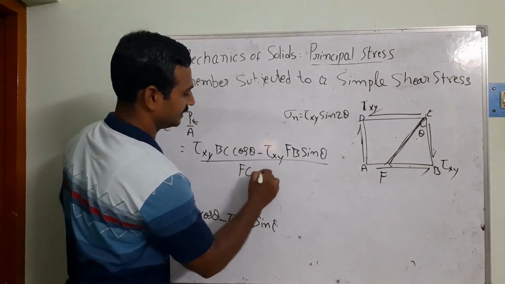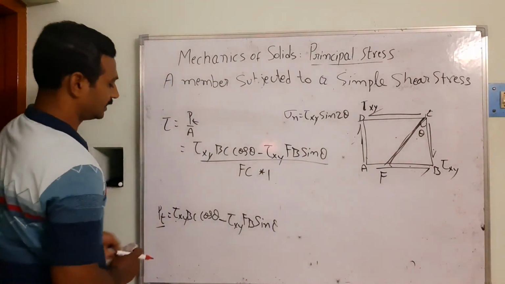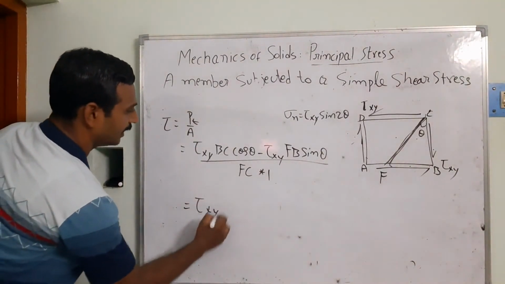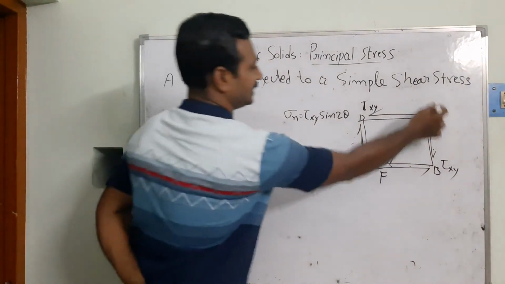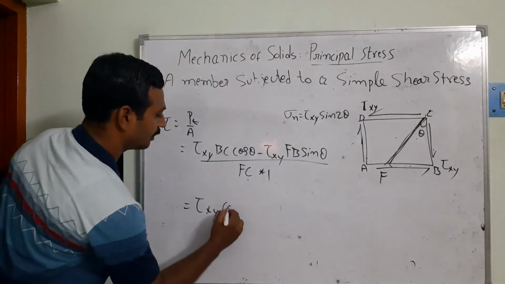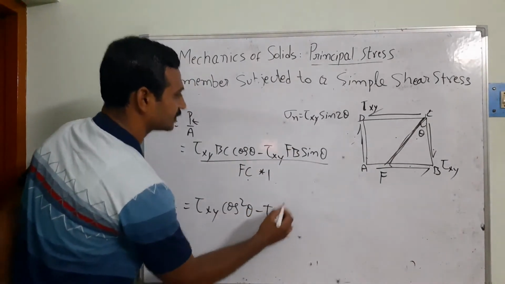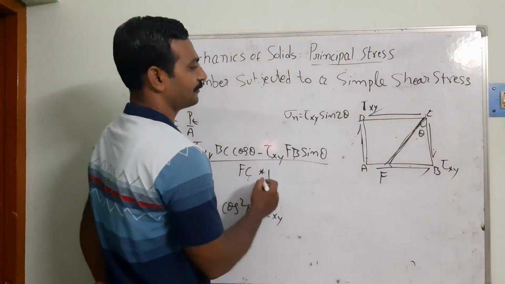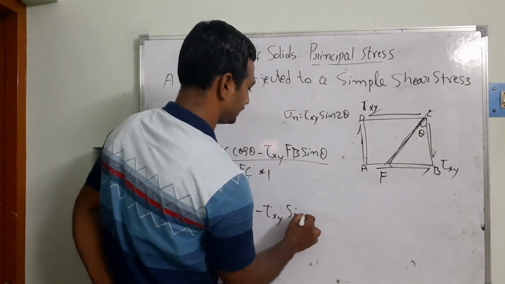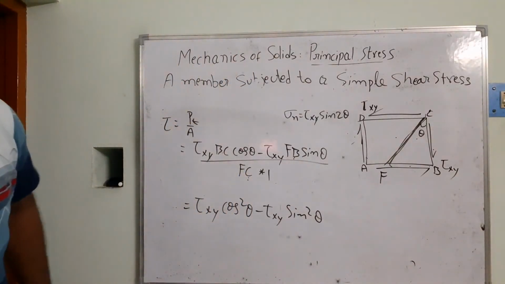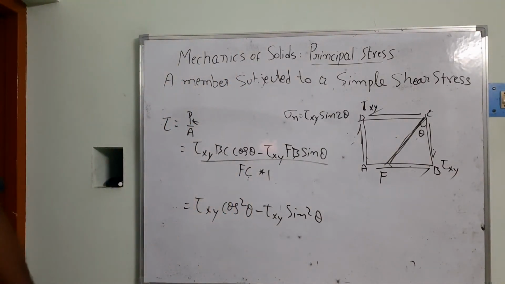Further simplification gives tau xy, BC by FC is cos theta, so we get cos square theta minus tau xy, FB by FC is sin, so sin square theta.